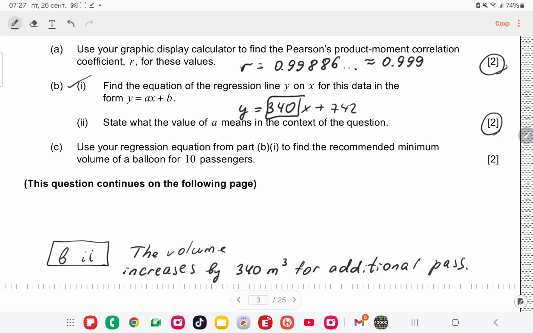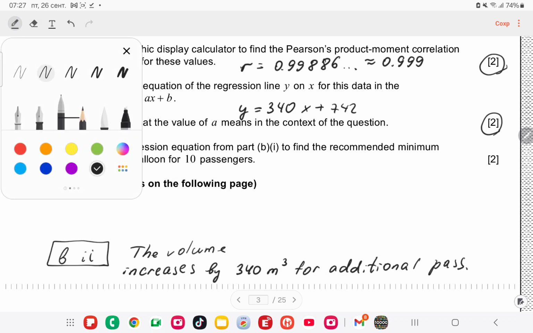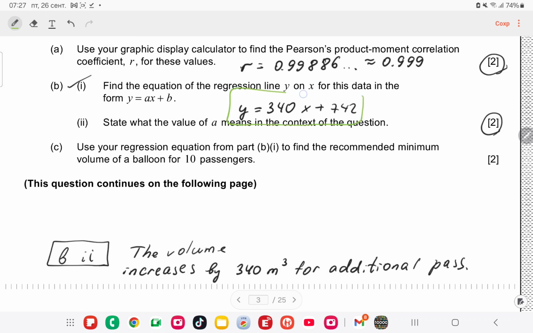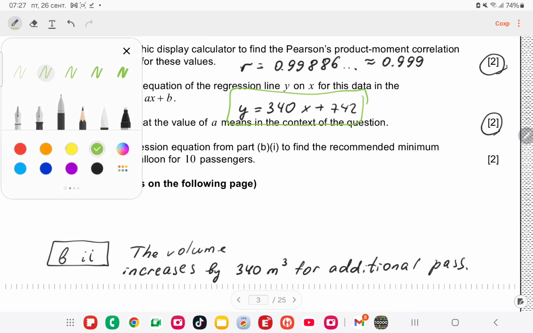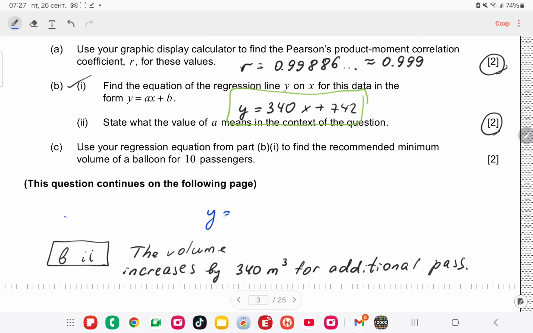Let's circle it. The last one: use the regression equation from part B1 to find the recommended minimum volume of a balloon for 10 passengers. We have to use our equation obtained in part B1 and plug in 10 instead of x. So y equals 340 times 10 plus 742.